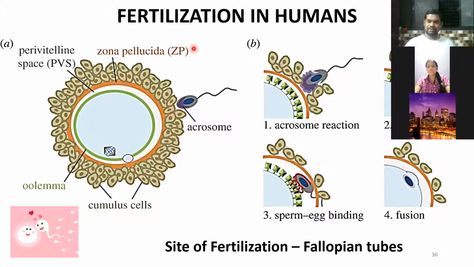Once it starts swimming from the cervix onwards, it will swim upwards into the uterus.